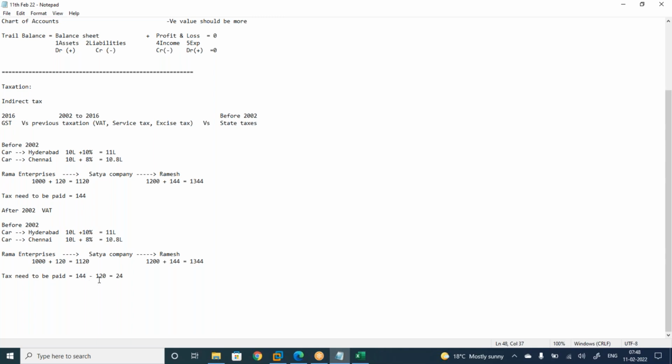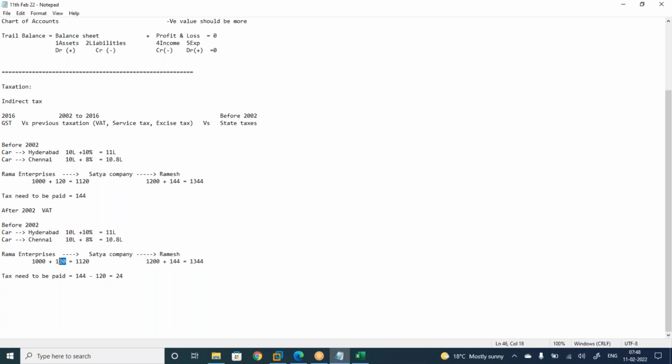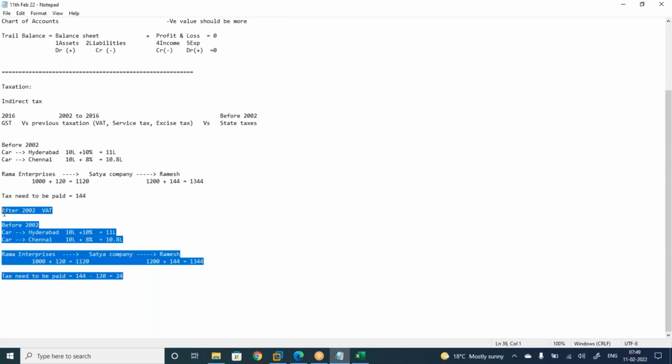With VAT you can take input claim of this 120. You have already collected 144 rupees as tax from the customer Ramesh, but you paid 120 rupees to Rama Enterprises. So pay only 24. This is VAT. You can claim input tax.